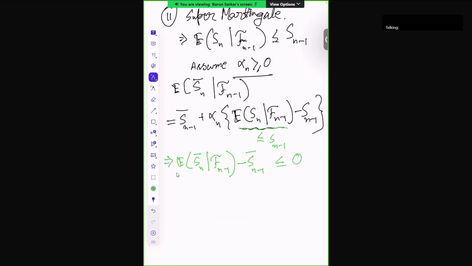Because alpha n is greater than 0, this thing is negative. So this implies that the expectation of Sn bar given Fn minus 1 is less than or equal to Sn minus 1 bar.